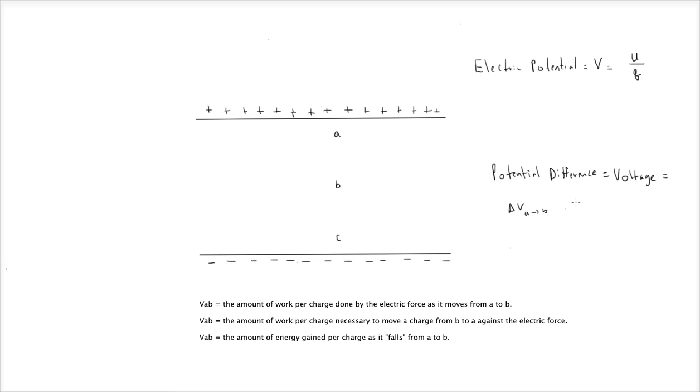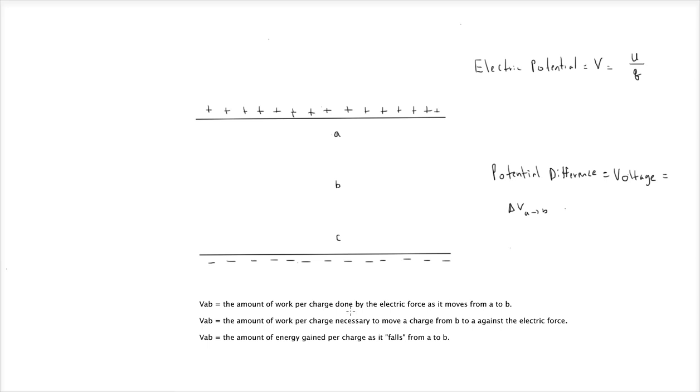In terms of our voltage, I've written down three ways to look at it. Voltage is the amount of work per charge done by the electric field as it moves from A to B. You can think about how much work is done on a charge as it goes from A to B versus from A to C. You can also think about it going the opposite way: how much work would I need to do against the electric force to go from C to A or from B to A?